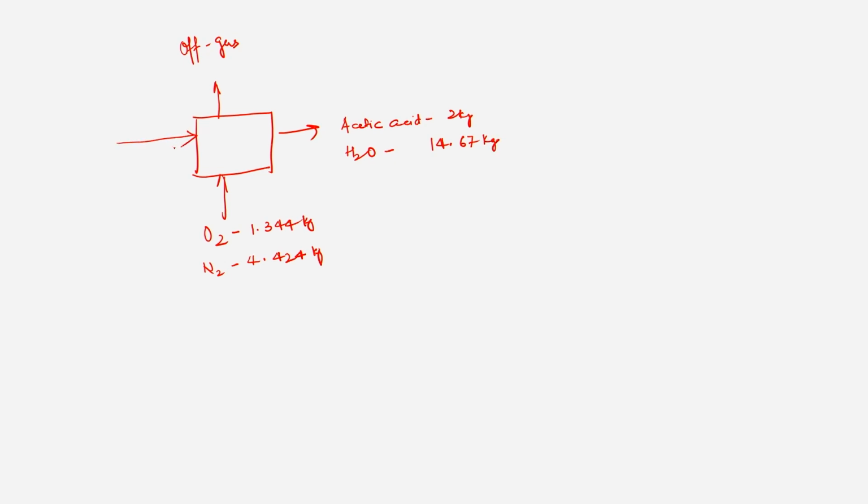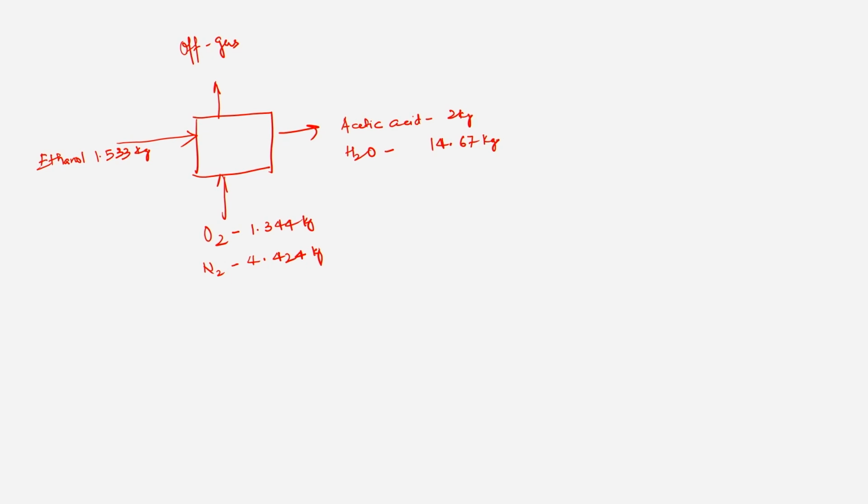And how much ethanol was consumed? Ethanol consumed was 1.533 kg. And how much oxygen is consumed? 1.067 kg of oxygen was consumed.